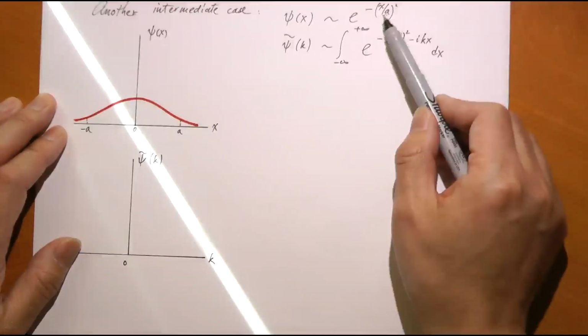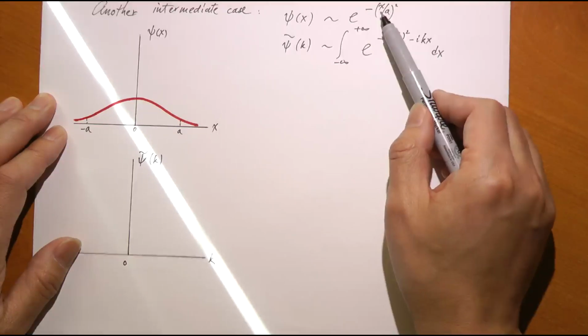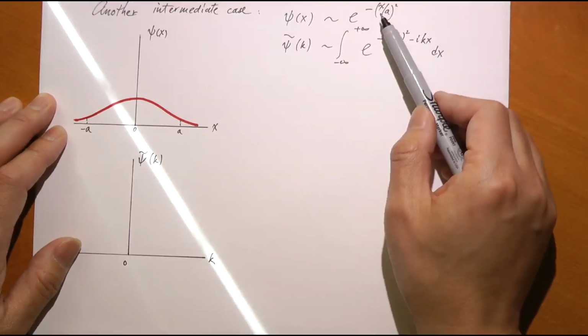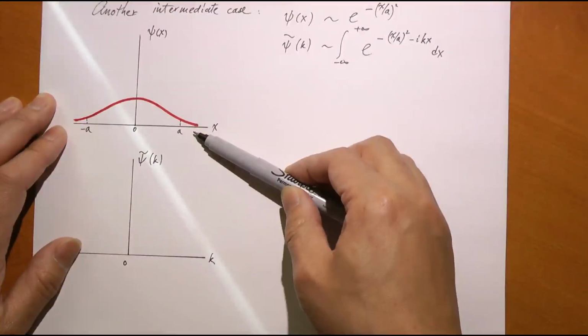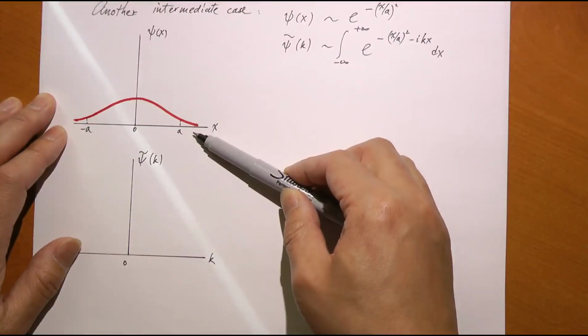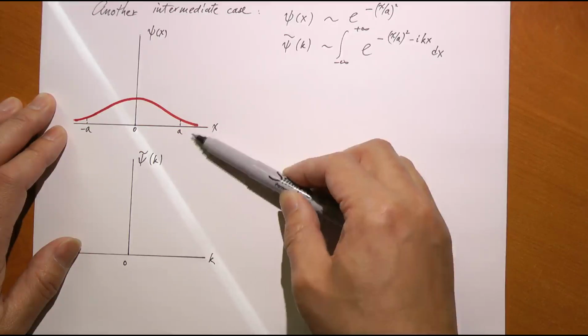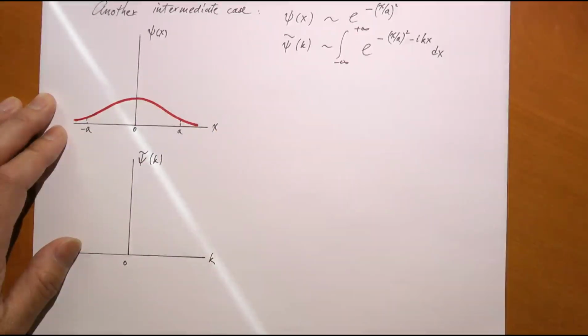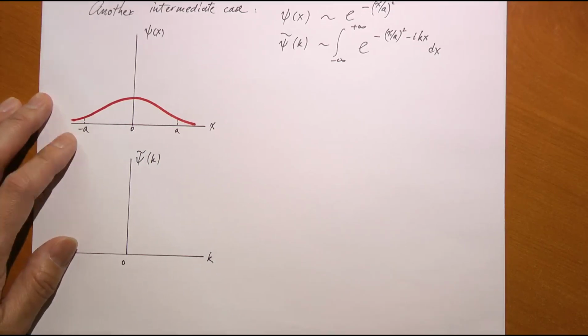When x equals a, the wave goes to e to the power negative 1, which is much smaller than 1. So we say, roughly speaking, the range of this wave in x space, or the whereabouts of this particle, can be found roughly in a range of about 2a, from here to there. Okay, what is the corresponding Fourier spectrum of this wave function?